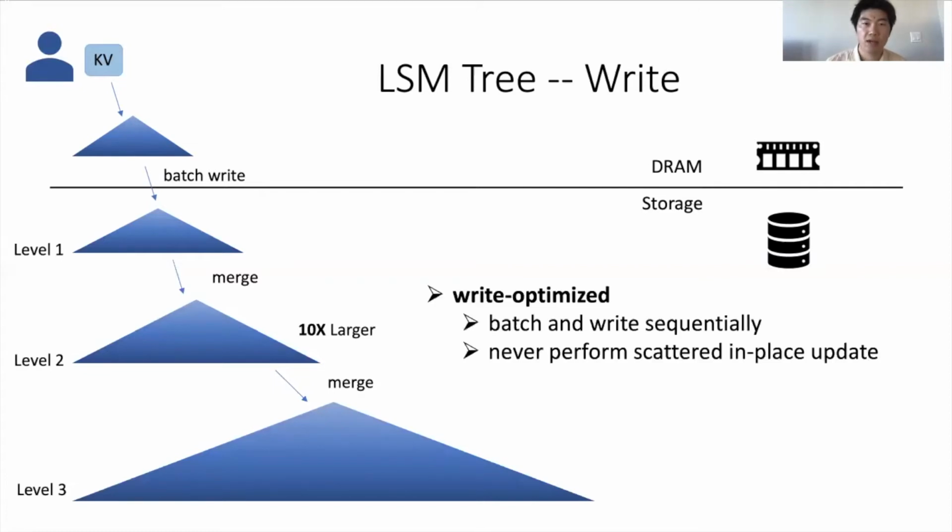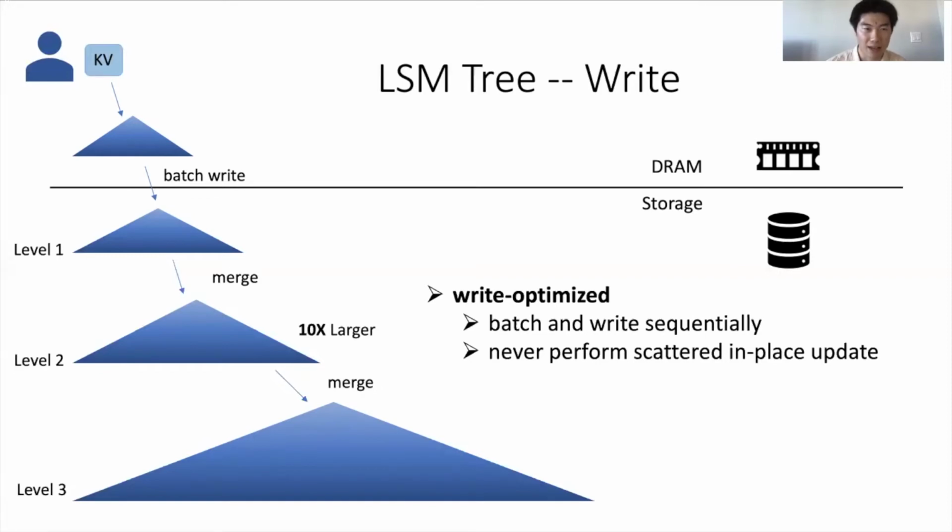We can see that in this LSM-tree-based key-value store, the key and values are batched and written sequentially from time to time, which is good for the storage write because it never performs scattered in-place updates. So this multiple component design is good for write.